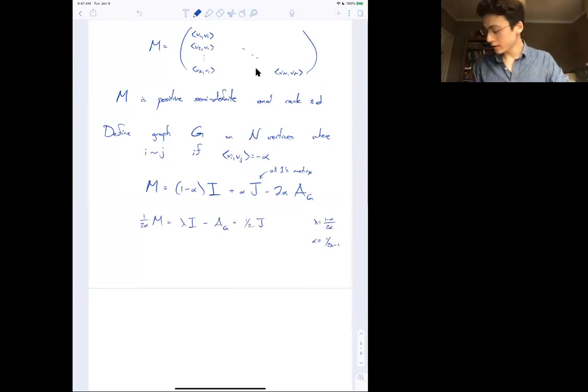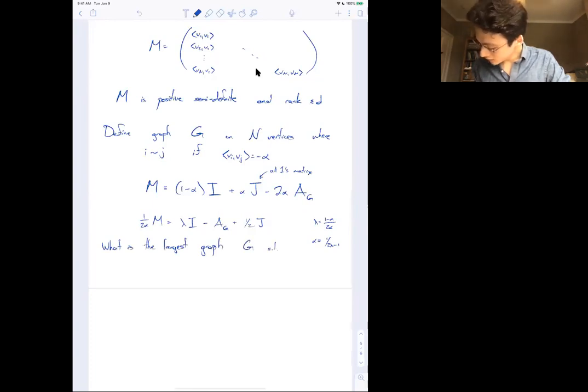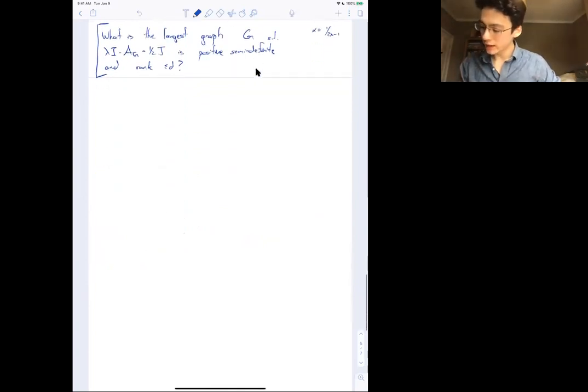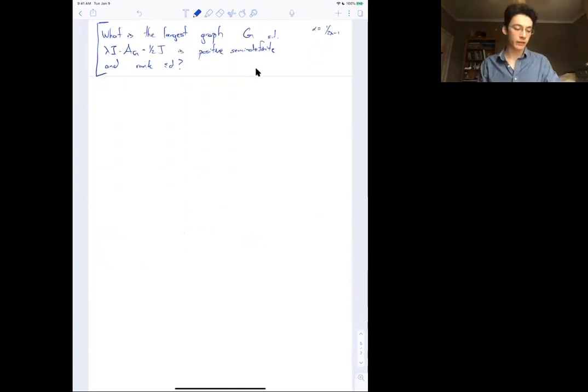This problem that I started with is equivalent to asking, what is the largest graph G such that lambda I minus the adjacency matrix of G plus 1/2 J is positive semi-definite and rank at most D. This question is equivalent to computing N alpha of D, but now has a flavor of a spectral graph theory problem.